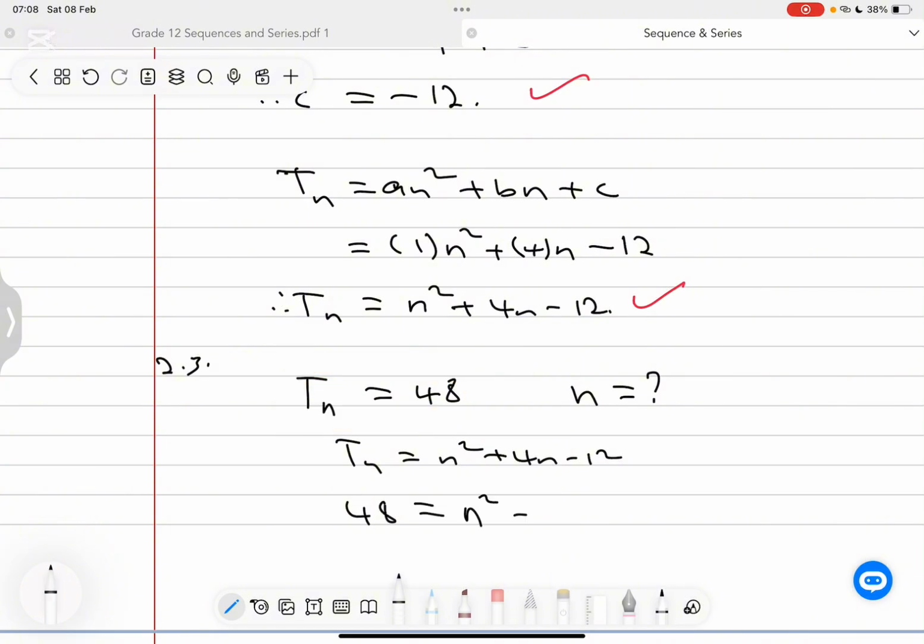And we still have n squared plus 4n minus 12. Now, at this stage, this question becomes very boring, because this is what we did in algebra. This is like solving for x, except in this case, we're solving for n.